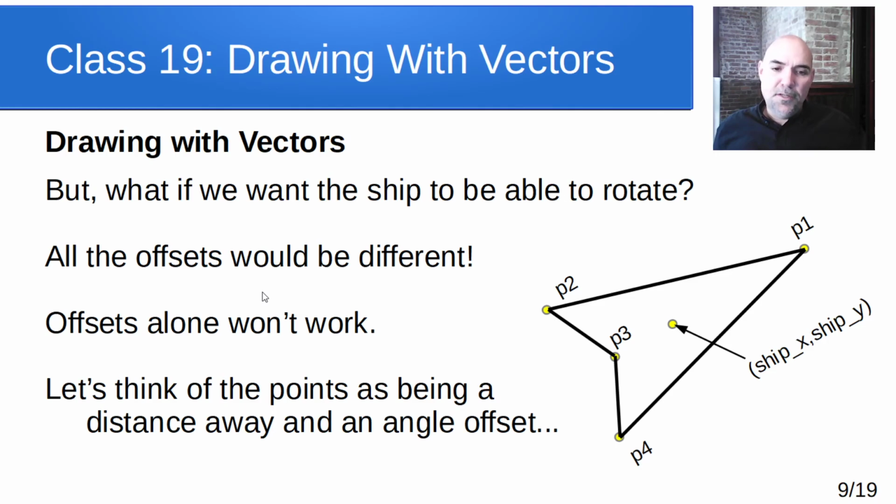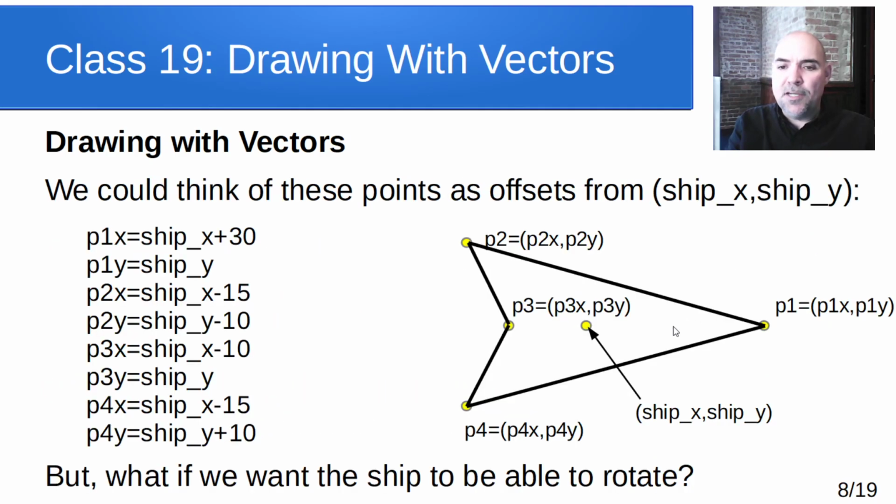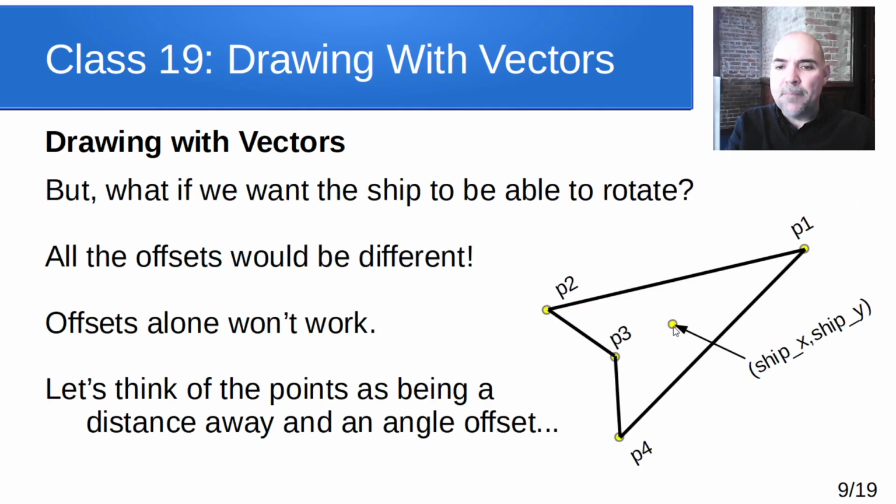So what I want to do is think about the points as being some distance away from that center of the ship at some angle offset. So for example here, this P1 is still 30 pixels away even if I'm facing this direction, just like it was 30 pixels away back here. Still 30 pixels away. But notice it's at some angle.